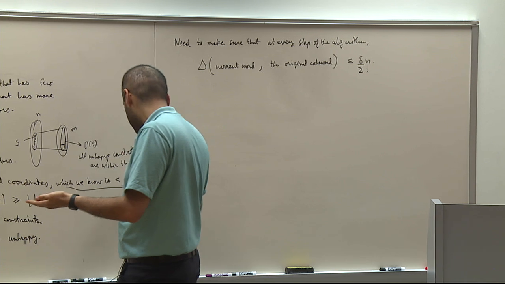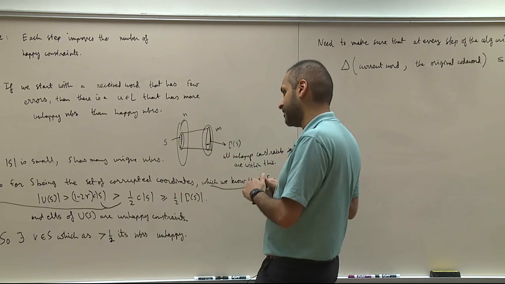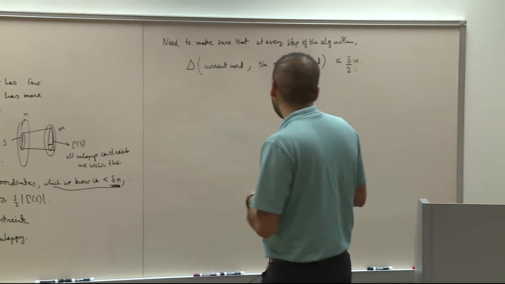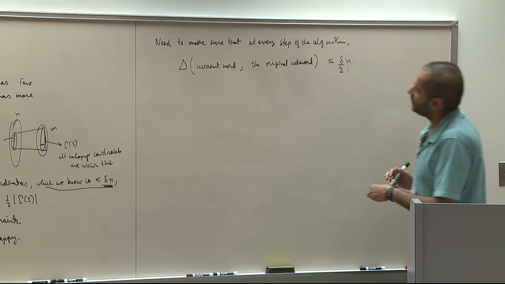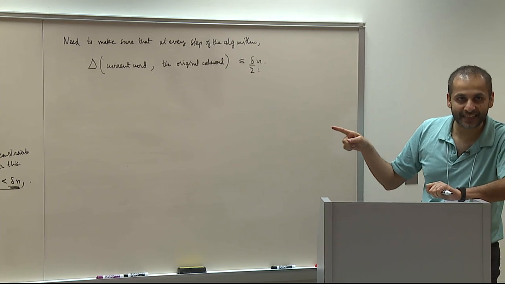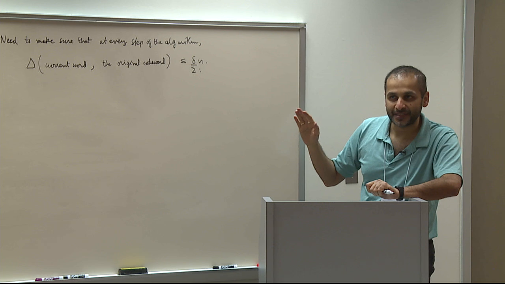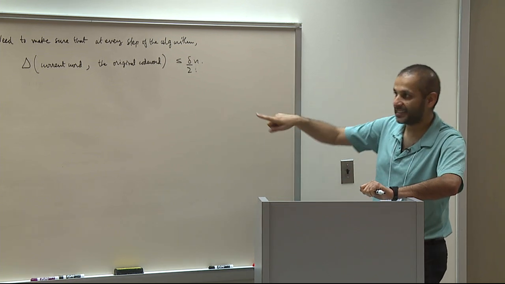Here I only used that it was less than delta n close, but later I will use closer. Also, the distance of this code is more than delta n. It's actually maybe 2 times 1 minus gamma times delta n, so it's slightly more than delta n. I just didn't prove it.